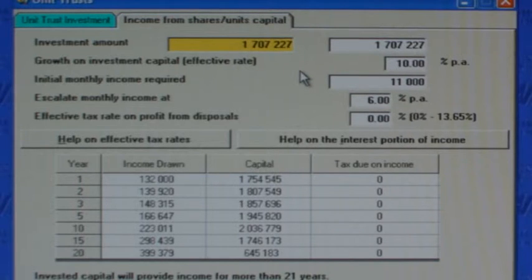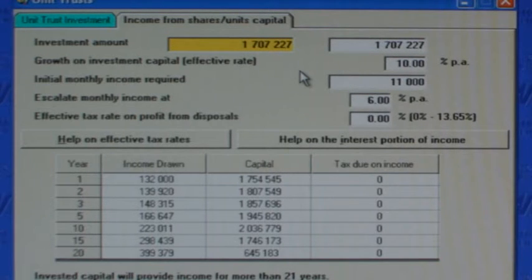We can also say that we expect our money in the fund to grow at 10% per annum, just as before. I have entered that we will start off drawing 11,000 Rand a month, escalating at 6% to counter for inflation.